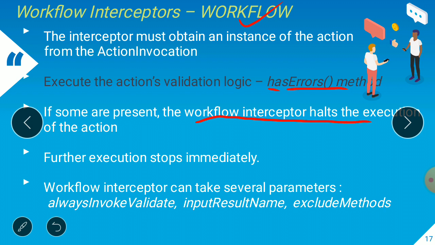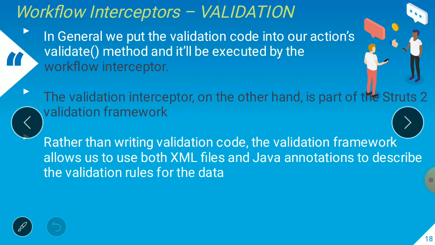It stops the execution of the action. So further execution stops immediately. Instead of doing a manual process, we can use this workflow interceptor. When it calls the hasErrors method, and if it finds any error, it is immediately going to stop the execution. That is, it is changing the workflow. This can take several parameters like alwaysInvokeValidate, inputResultName, excludeMethods, and so on. It can take many parameters.